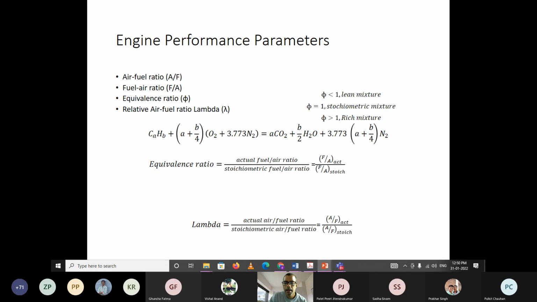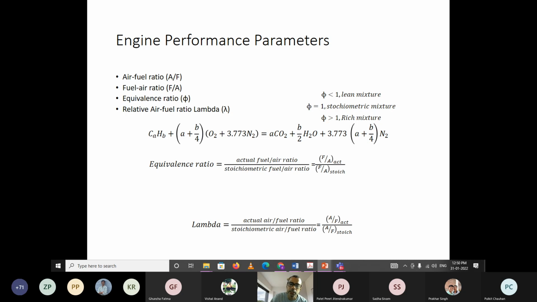And when you do the experiments, you have to find out the value of lambda or equivalence ratio at which your engine is running currently. For that, we need to measure the actual mass flow rate of the air and the actual mass flow rate of the fuel.